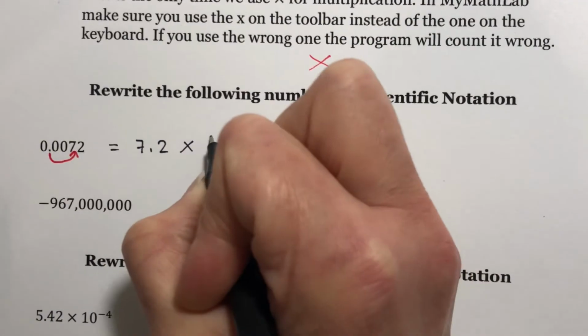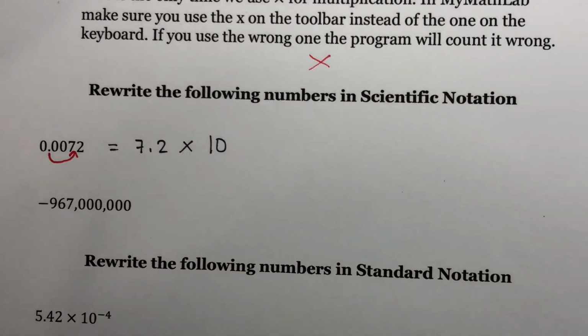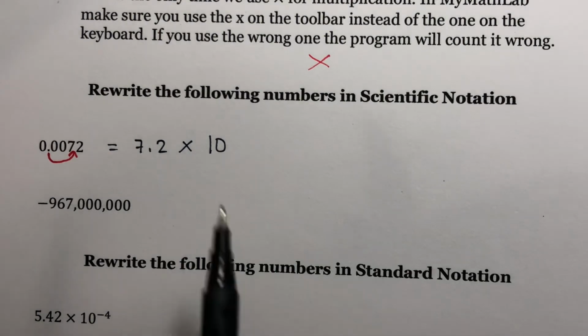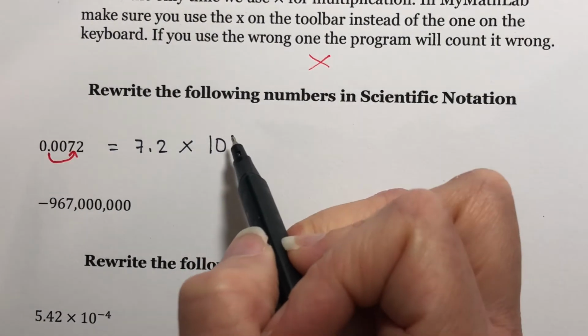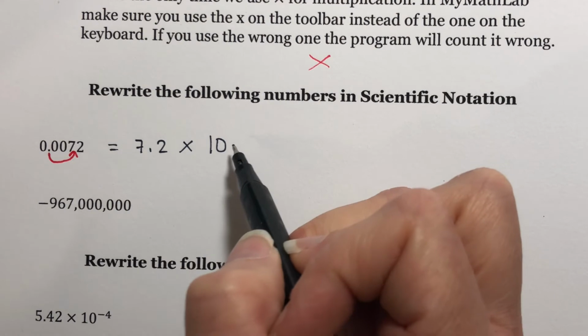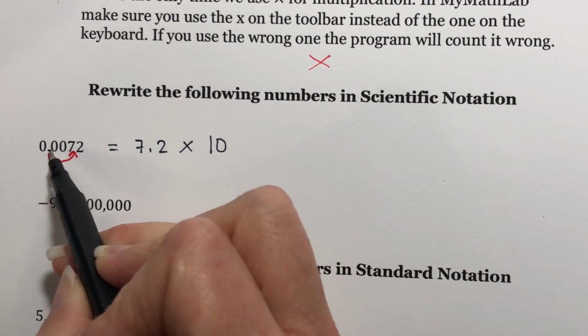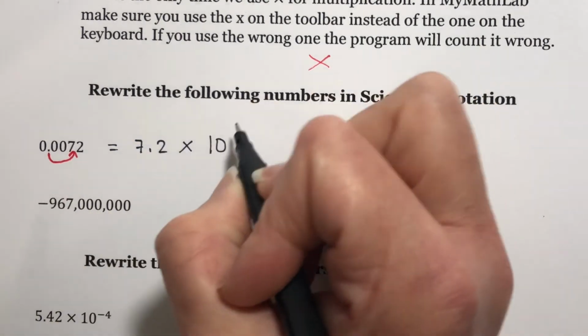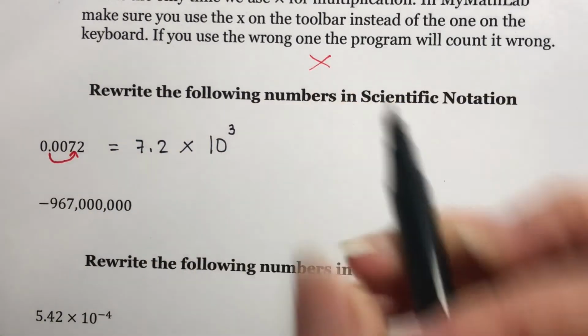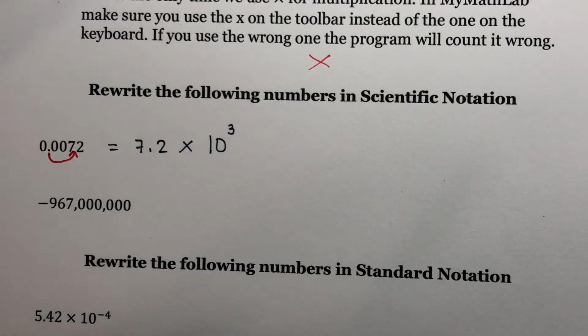times. It's always a power of 10. We just have to figure out what power. Okay? Now your exponent is either going to be a positive or negative version of however many spaces we moved this. I moved the decimal place 1, 2, 3 spots. So my exponent is either going to be positive 3 or negative 3. You could memorize which way it goes.